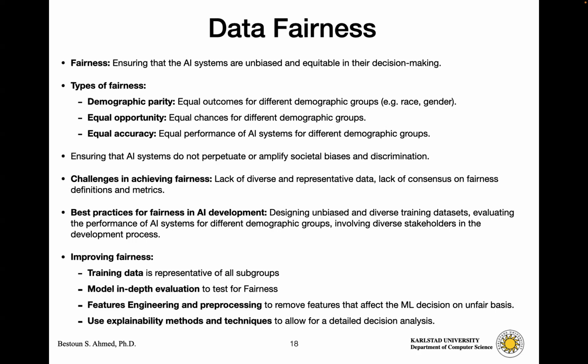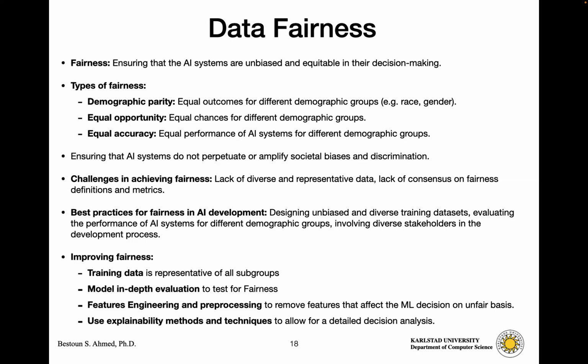So one of the challenges here is, as we said, lack of diverse and representative data. That's very important. Best practices for fairness in AI governance and AI development is designing unbiased and diverse training datasets. So you can see that it is all about the data, the fairness. So it's all about the data. That means it is a data-centric problem, actually.